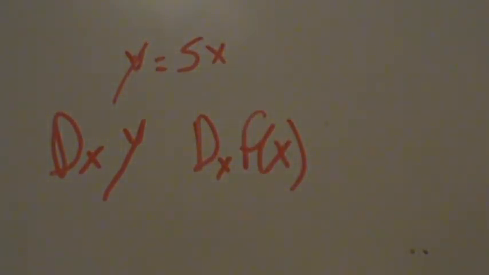So this is Euler notation. We use Leibniz notation the most because it's easier and makes a little more sense, especially once you get into things like differential equations.